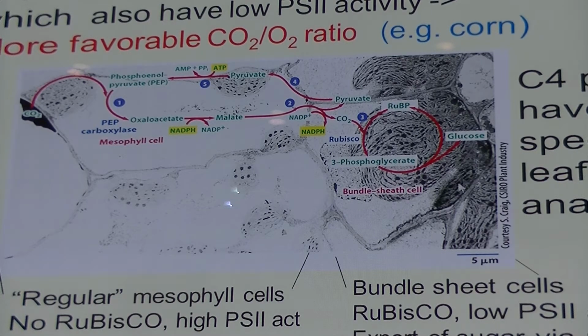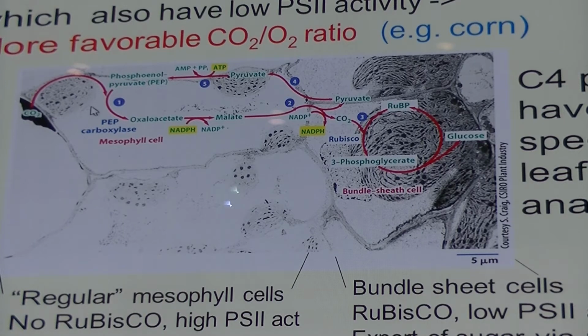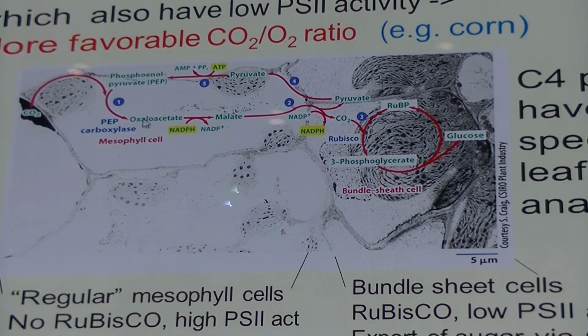And these cells here, called the bundle sheath cells, because they surround the bundle of vasculature, these cells have the Rubisco enzyme, but the cells further away, the regular mesophyll cells, don't have the Rubisco. They have the photosystem II activity, so they split water, form oxygen, and they form the oxaloacetate and the malate, which is transported to the bundle sheath.